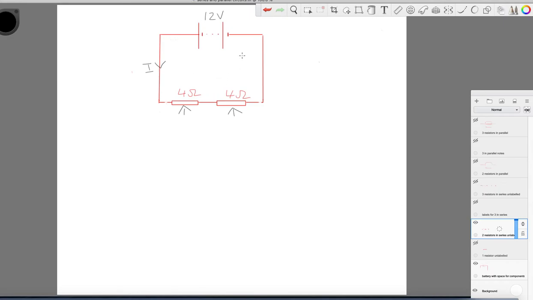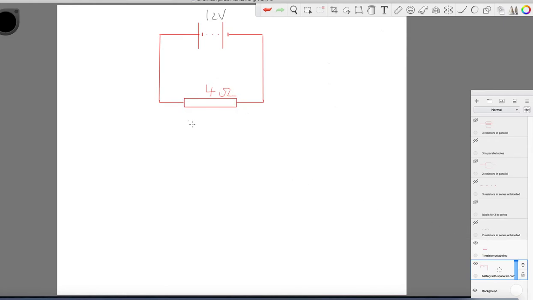Now, if we compare this circuit, where there are 2 4 ohm resistors, to the previous circuit, where there was only 1, then if this is also 12 volts like we had in the previous circuit, then because we have less resistance here, it is easier for the current to flow here than in this one. Because it is easier, I'll just get rid of those 2.